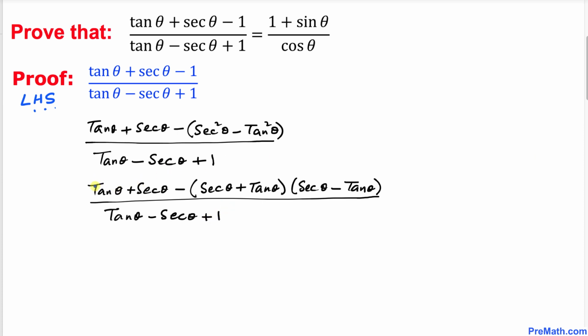Now let's focus on this numerator part, this tangent theta plus secant theta. This one is same as this one, so they are in common, so I can factor them out.